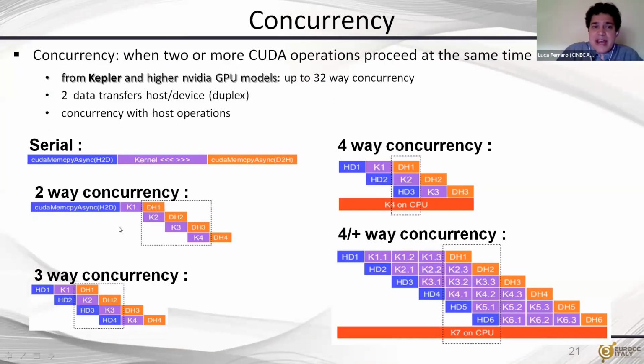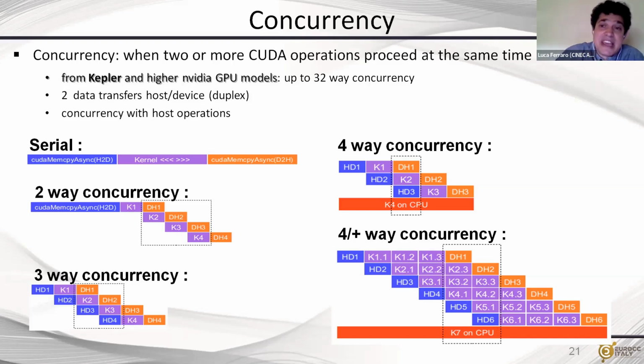Of course, you can have many levels of this concurrency. Here I showed you a 4-level concurrency, but we can add many other streams and many other host concurrent operations, for example, using other multi-threaded paradigms for controlling the CPU side.